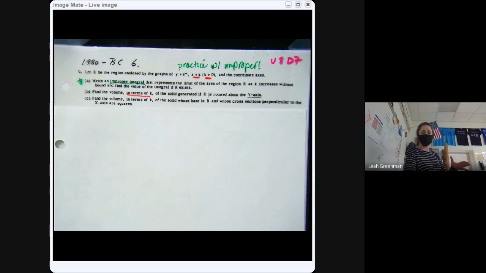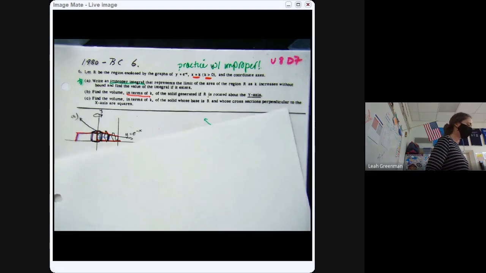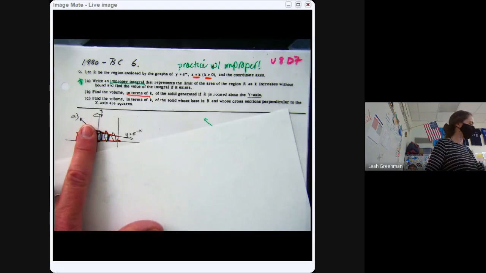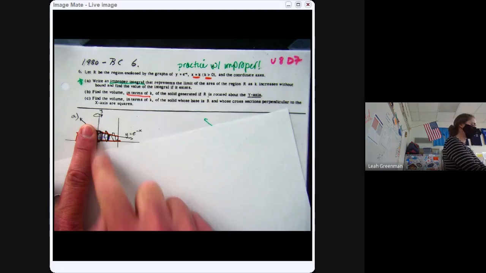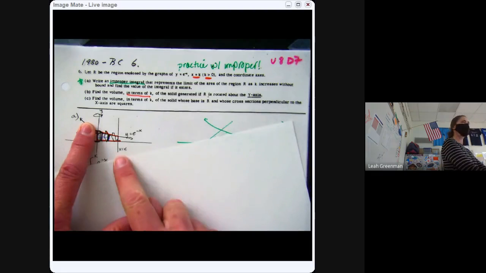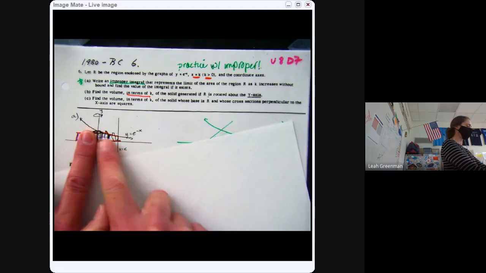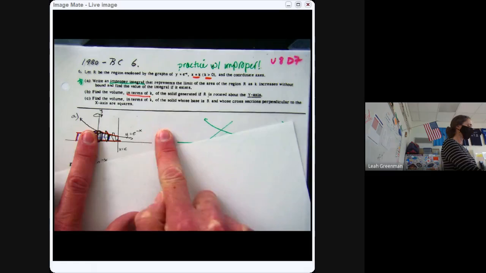Aren't we reflecting, negating x, reflecting across the y-axis? E to the x, so there is my e to the negative x. Ignore everything else in there. But I got that region right there, from 0 to k. This guy right here, that's the k, and it's moving to the right.